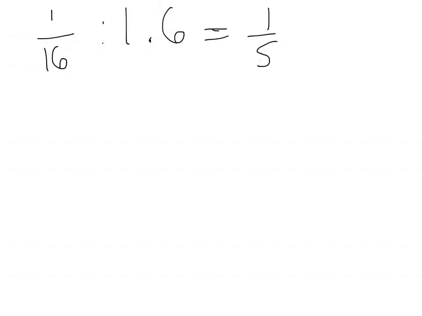So here's what I mean. Looking at number 2, I have 1/16 is to 1.6 as 1/8 is to x. So what I can do with that 1/16 and that 1/8, if I turn those both into decimals, it's going to make this problem a whole lot easier. And how we turn a fraction into a decimal is really simple.